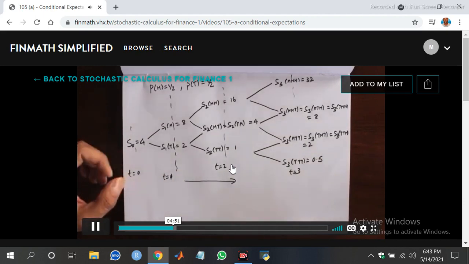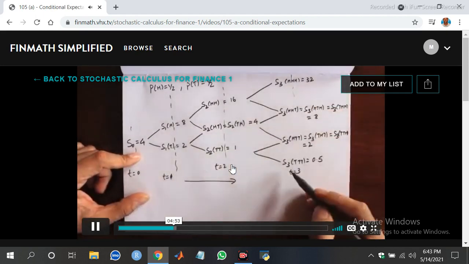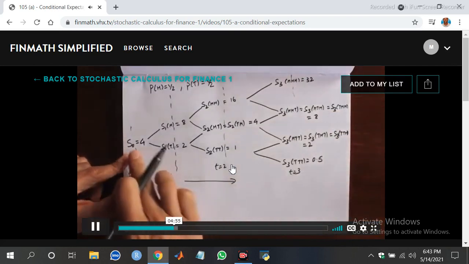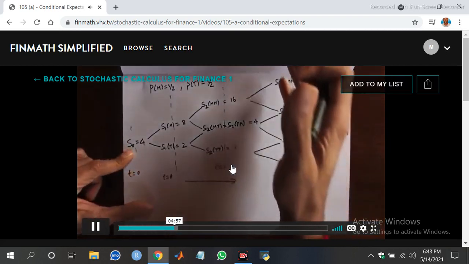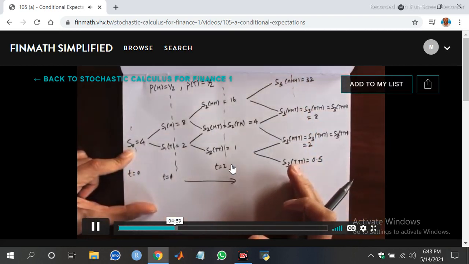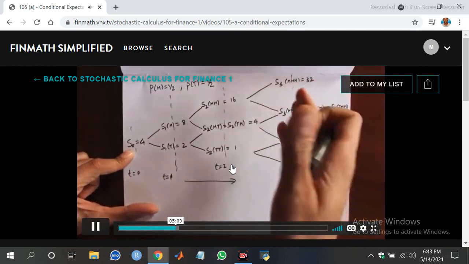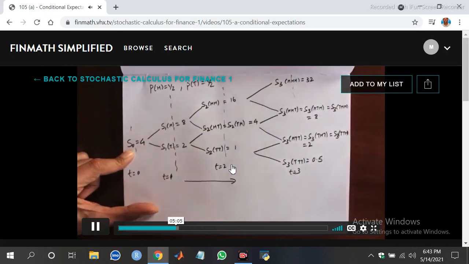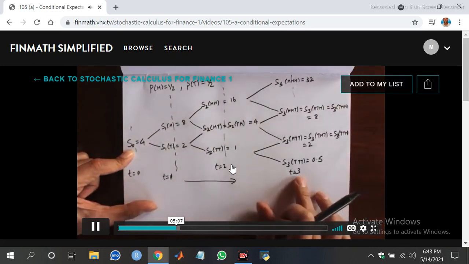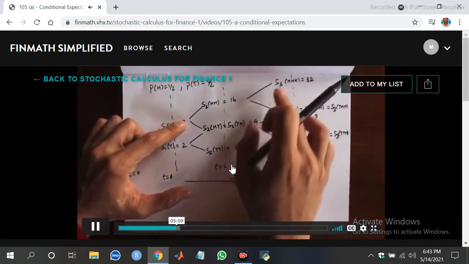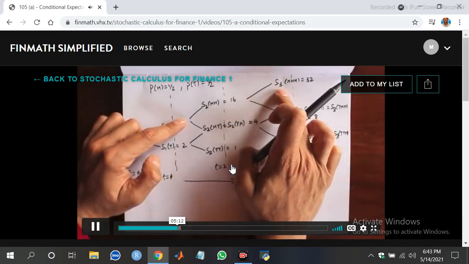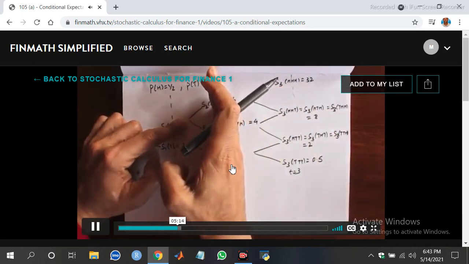Now let's say we know that S3 is a random variable, right? And right now at time 0, we don't really know what the value of S3 is going to be, right? It can be any one of these possible values depending on how the 3 coin tosses behave. Now, let's say we want to estimate the value of S3 at time 2.